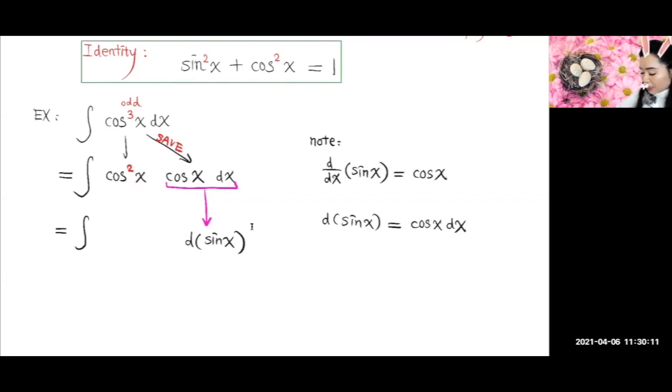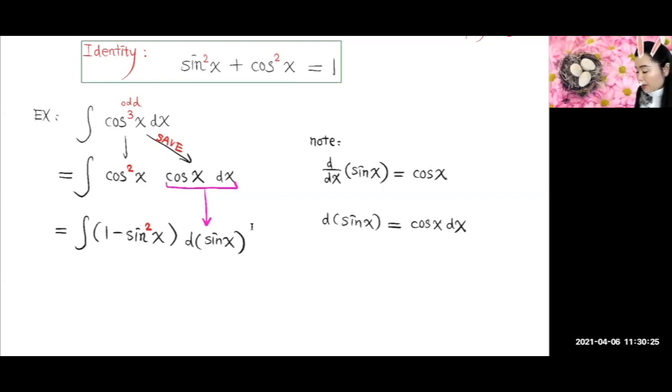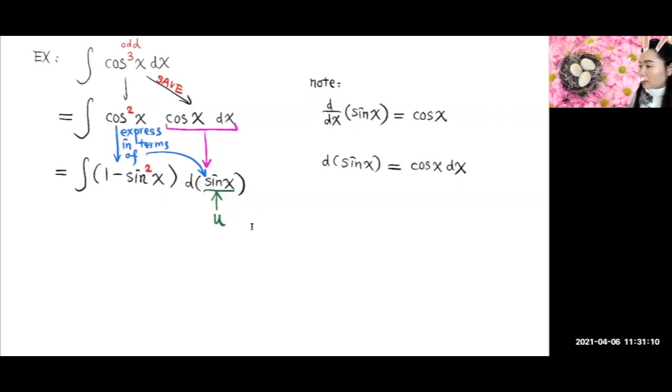So that will be 1 minus sine square x. Now after this, we can use the u sub, okay? So we can think about this sine x as a u.